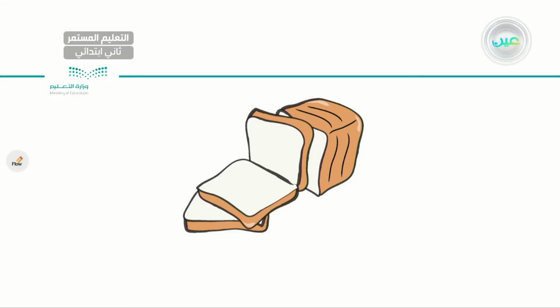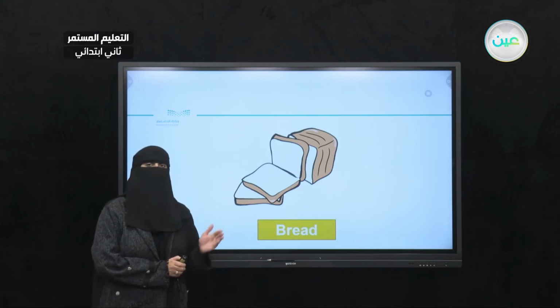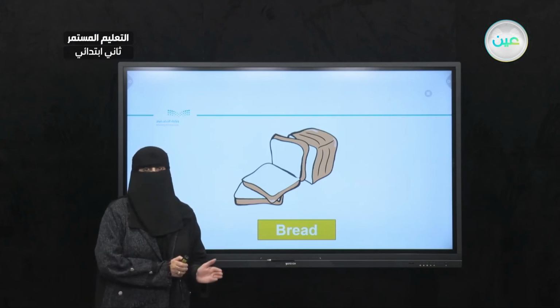How about this one? It is bread. Very good. I have some bread. Bread. One more time. Bread is also uncountable. That means we cannot add S as we do with apples or oranges, okay?